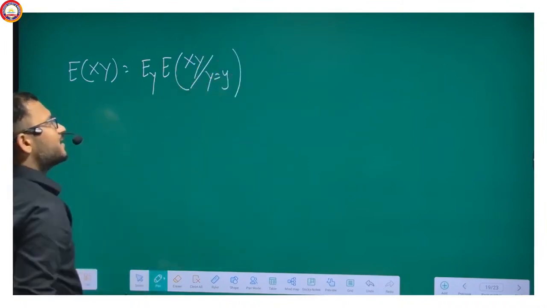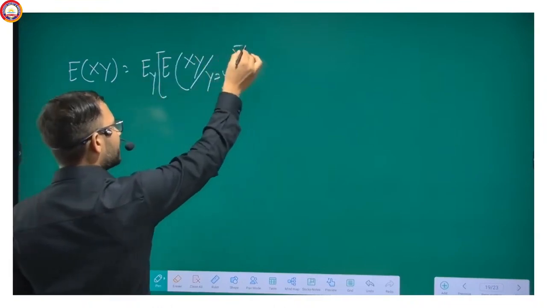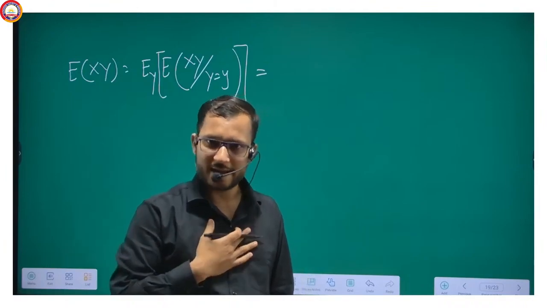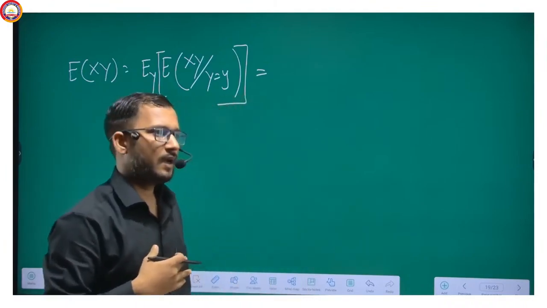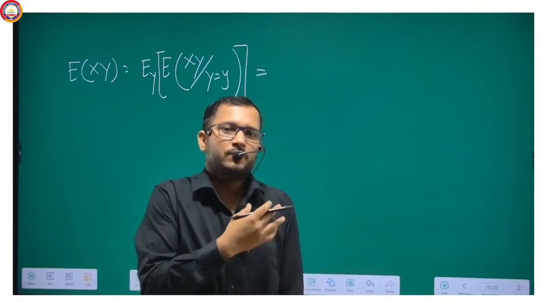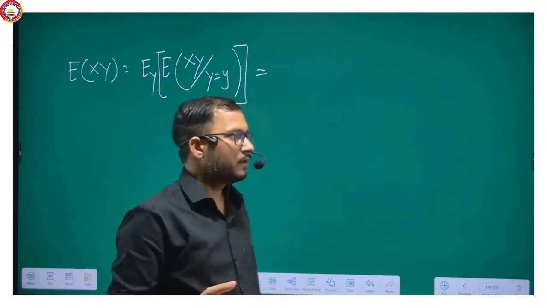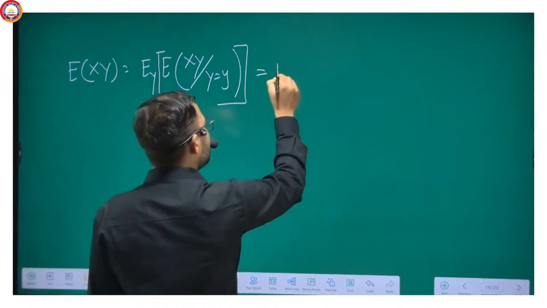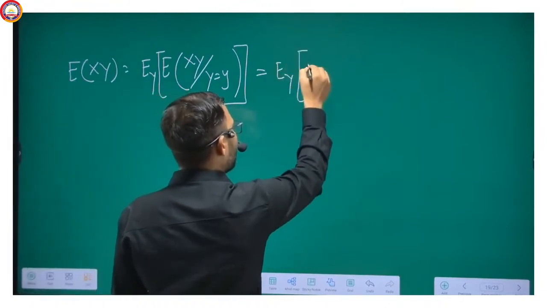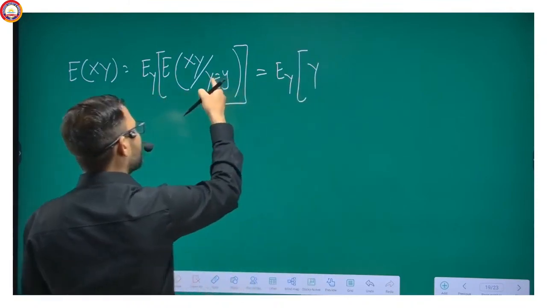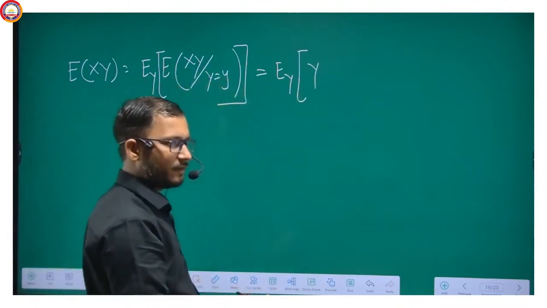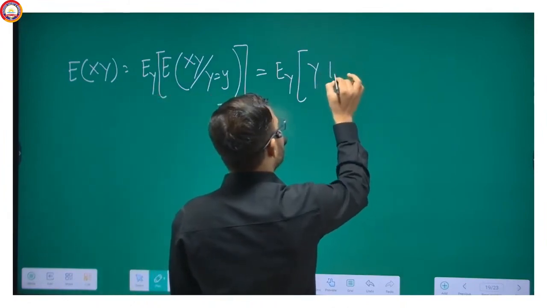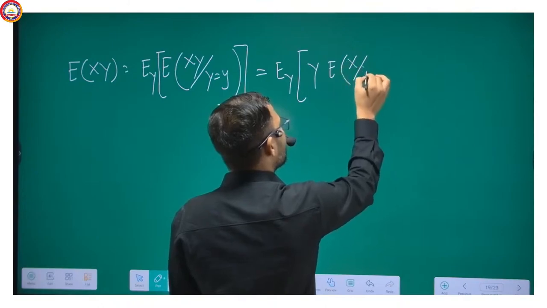And in this case, as you may have studied, because y is given, y became constant here. That's why I have put it outside the expectation, and then it is expectation of x given y equal to y.